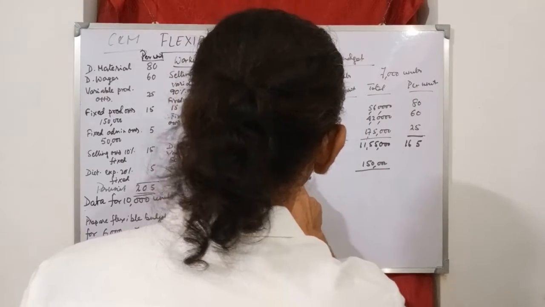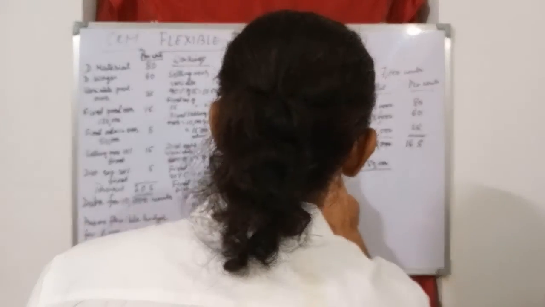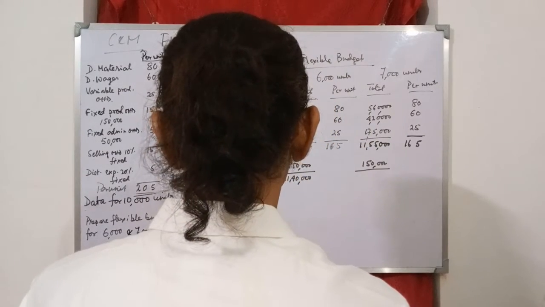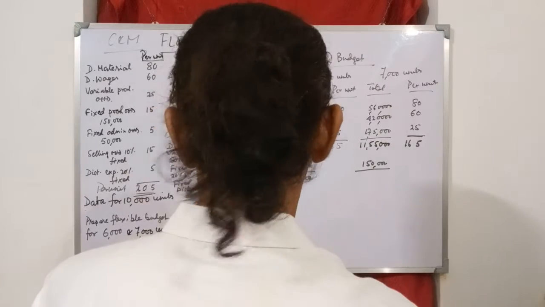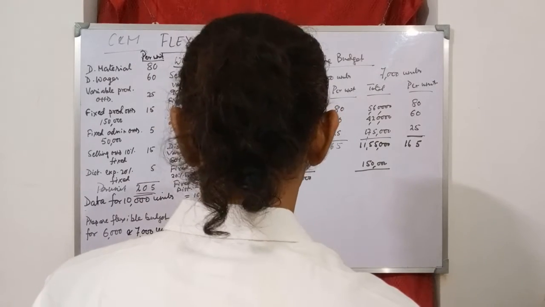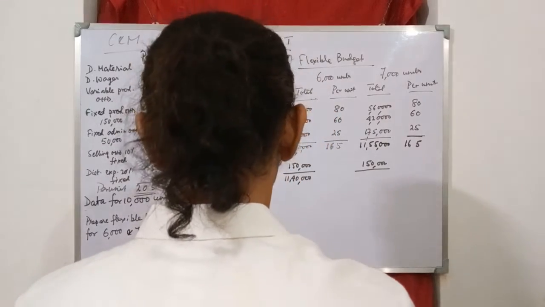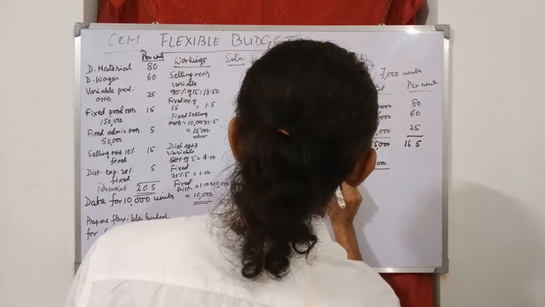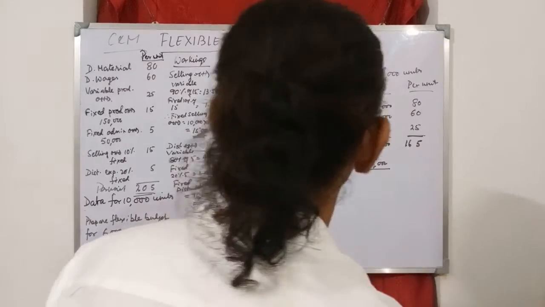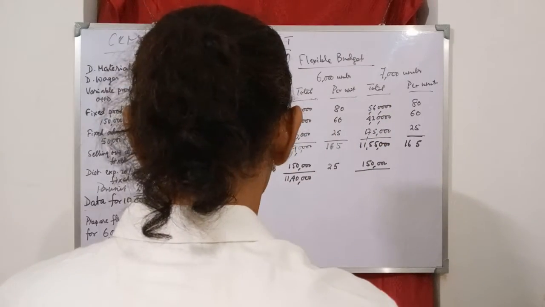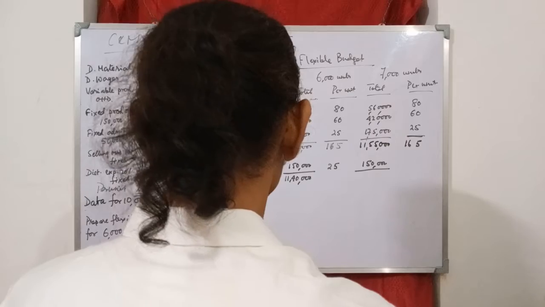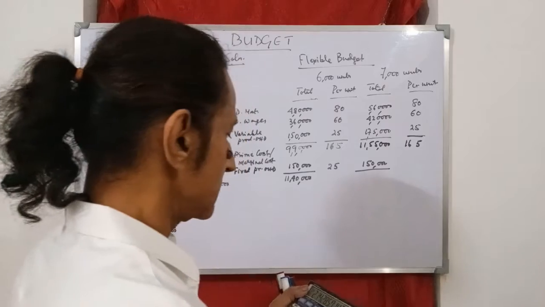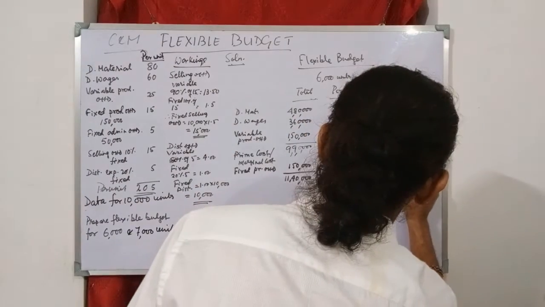We divide 150,000 by 6,000 to get the per unit amount. So 150,000 divided by 6,000 comes to 25, and here 150,000 divided by 7,000, so it is 21.42.